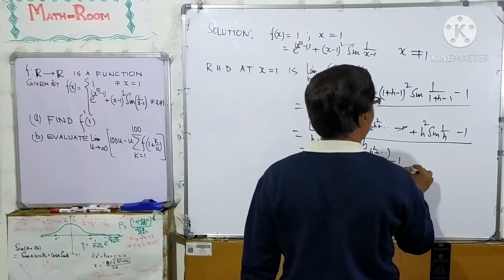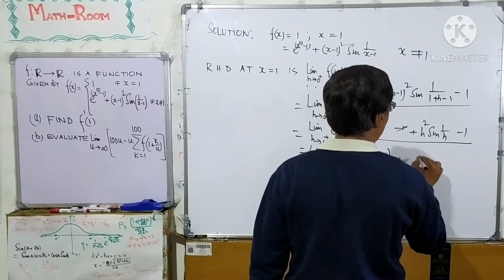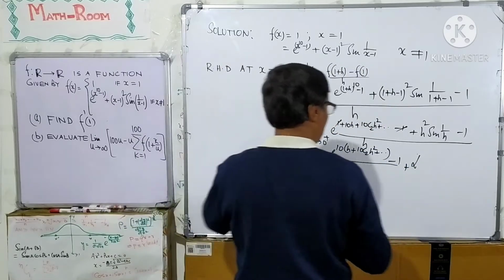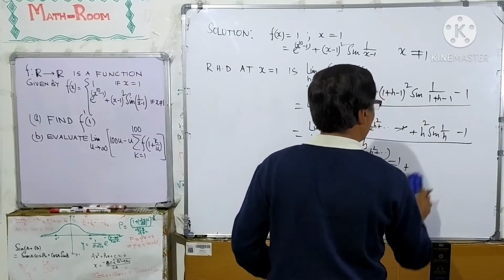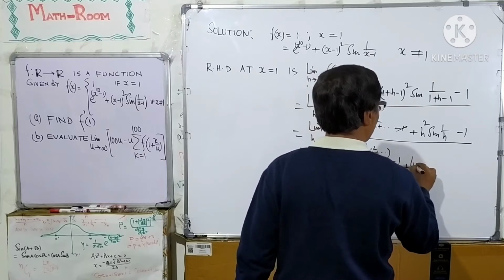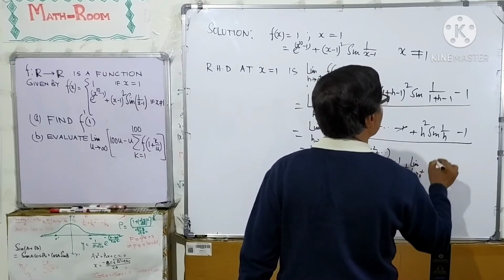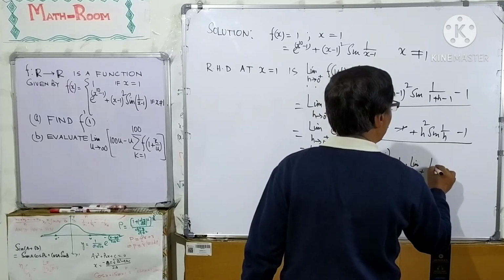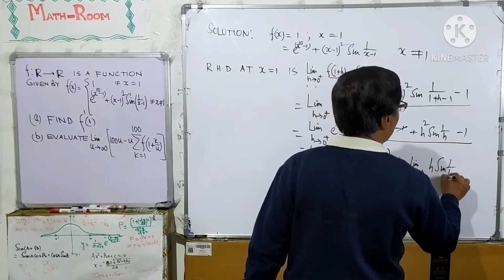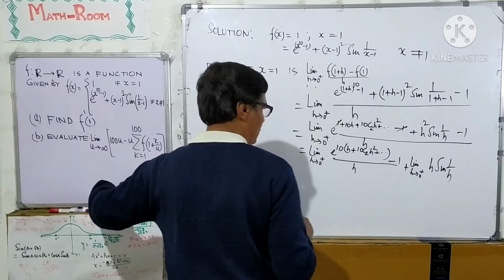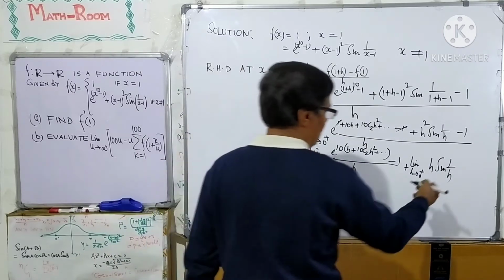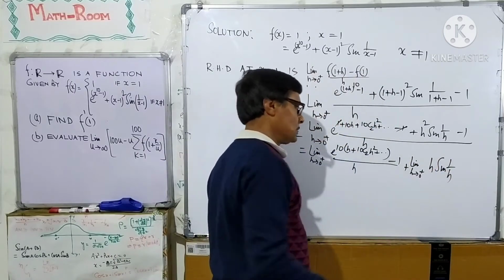h, plus limit h tends to 0 plus h sin 1 over h. Now, we already know the value of this limit, which is 0.